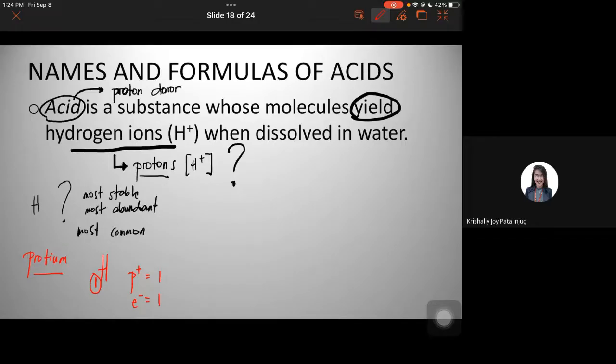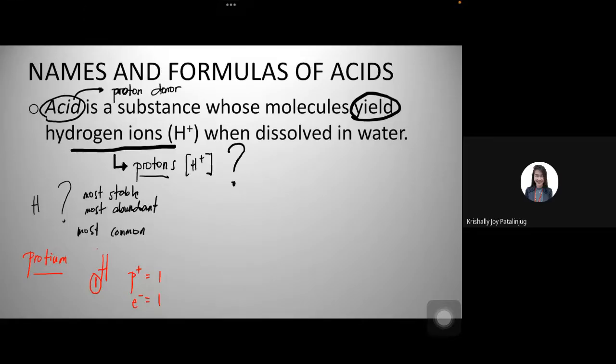Now, try to check your periodic table of elements. The hydrogen atom there has an atomic mass of 1. Given this information, we can compute the neutron number. Neutron number is just atomic mass minus the atomic number or the proton number.